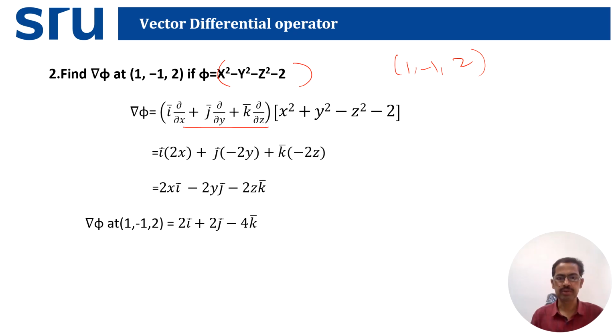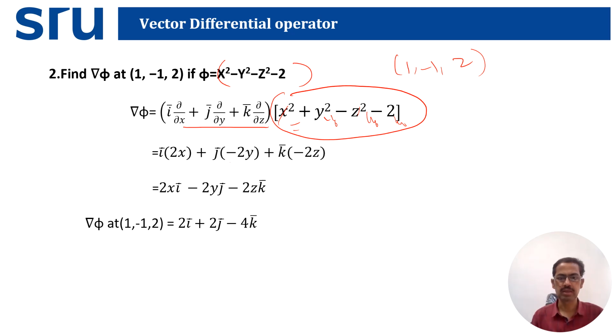Now with respect to x, the partial derivative of x square plus y square plus z square minus 2 is 2x; y square is 0, z square is 0, the constant is anyway 0, so this is only 2x. With respect to y, only the y square derivative is 2y, right?